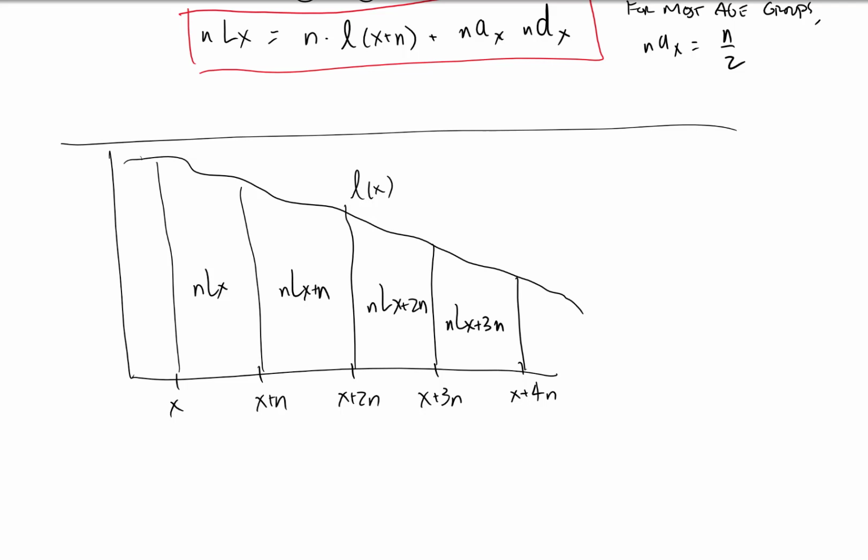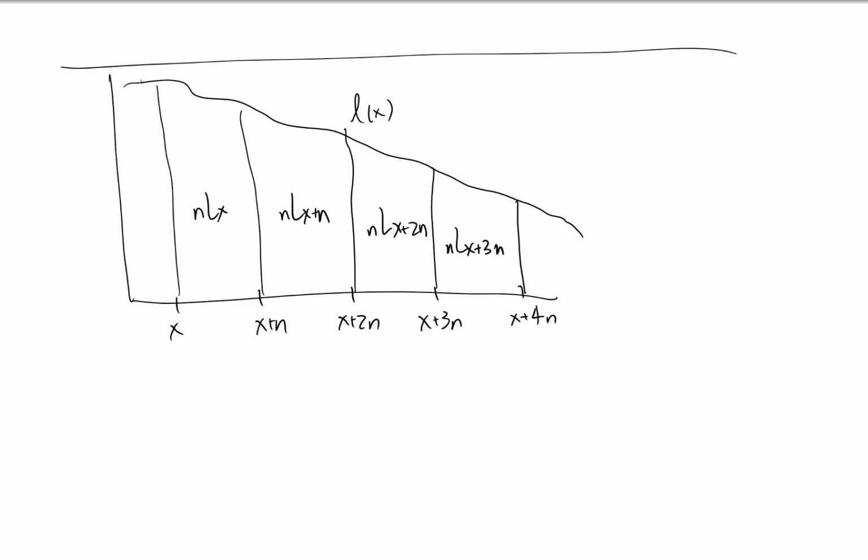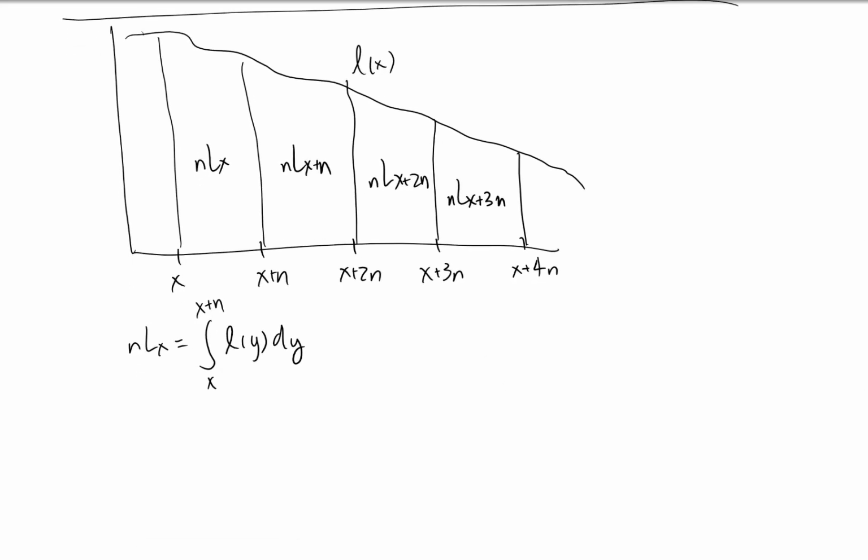So if nLx is the area under the l of x from x to x plus n, we can calculate each of those pieces. Let me say nLx equals the integral from x to x plus n of l of y dy. And we can do that for all of these.